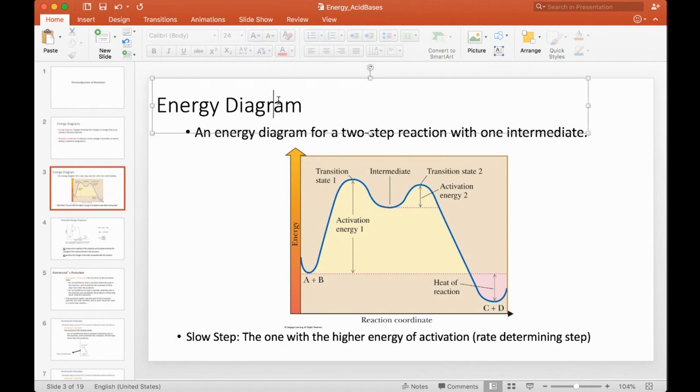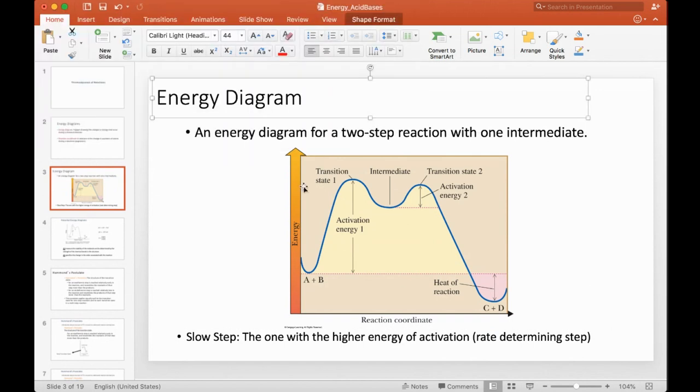Just remember this. So overall, the summary of this is, in an energy diagram, we show the energy versus the progress of the reaction coordinate. So reactions can be classified into exothermic if the products have lower energy than the reactants, or endothermic if the products have higher energy than the reactants.